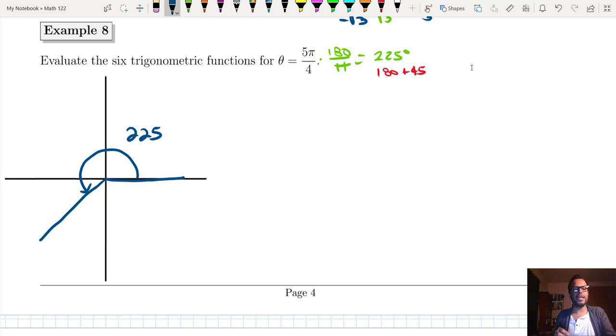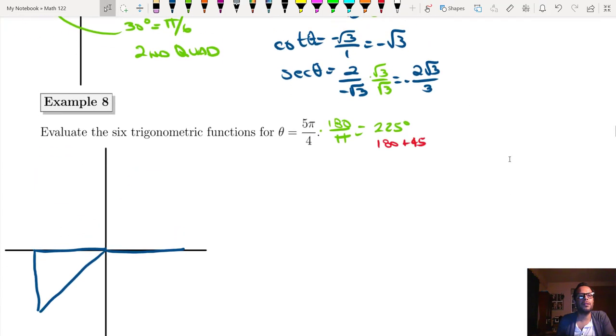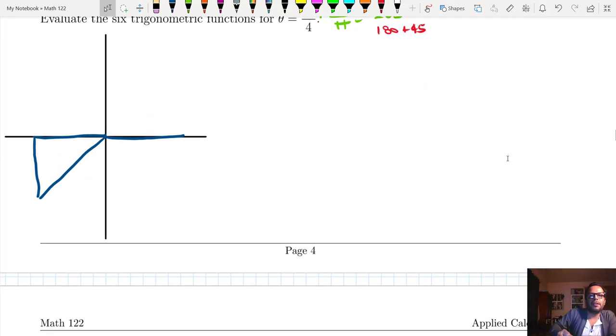the related triangle, right? So in this case, how far is 225 from 180? Just the same way we did it in the previous example, this is a 45-degree angle, or pi over 4, in the third quadrant.